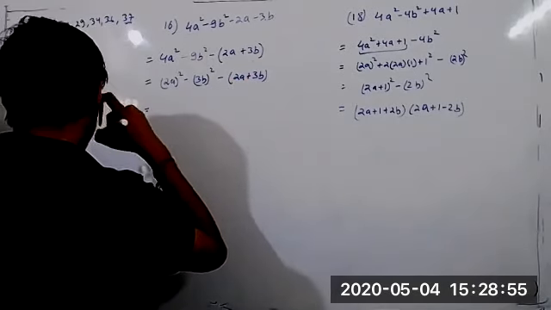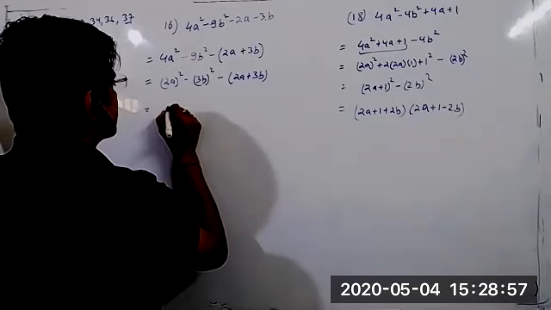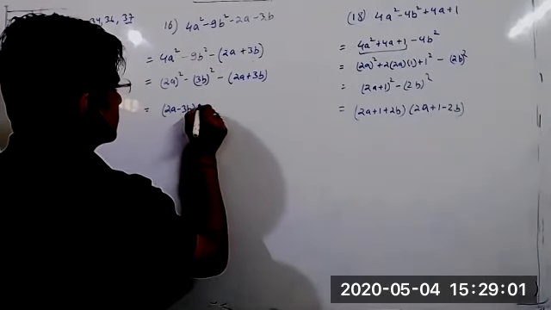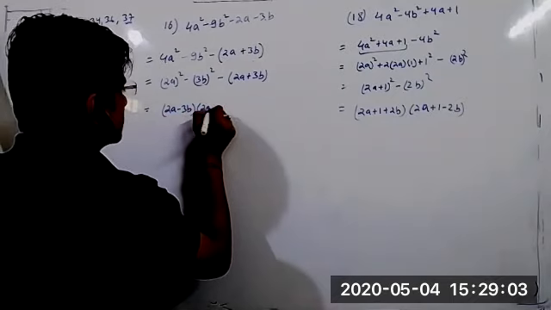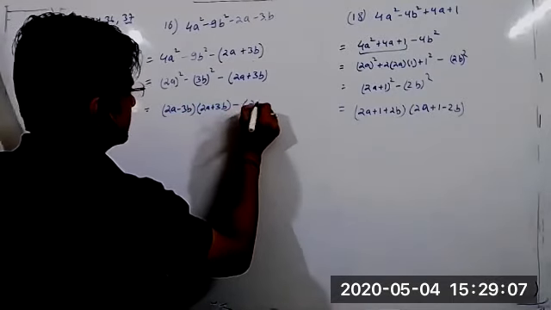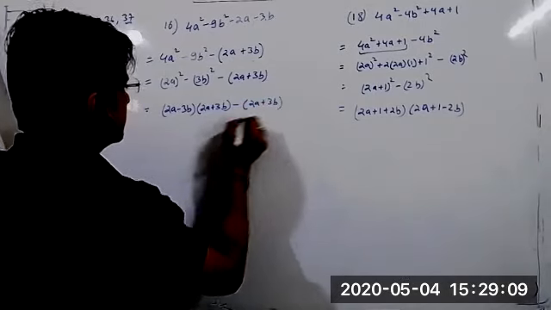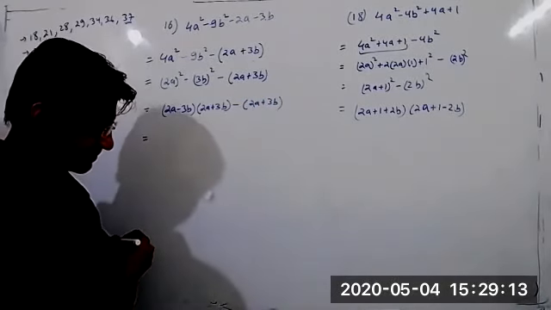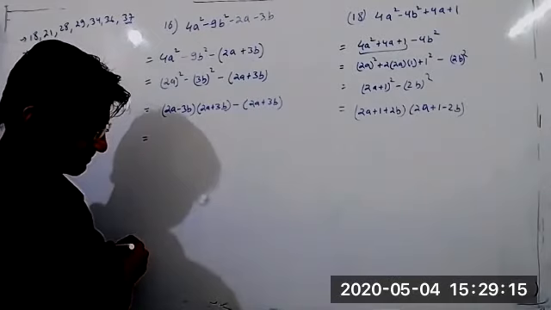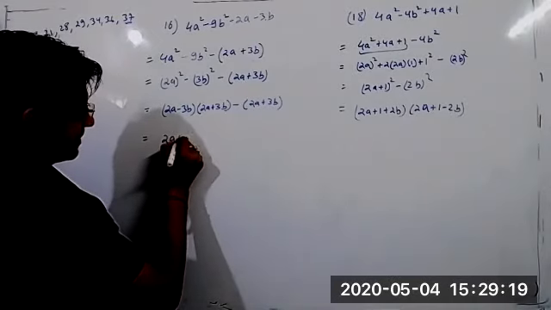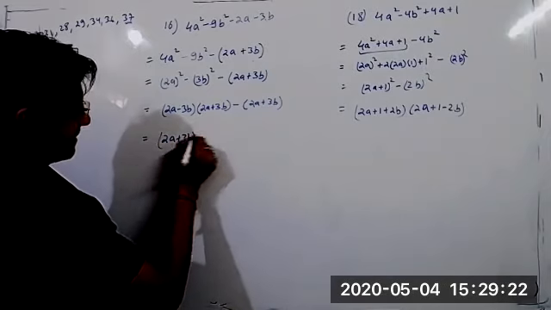Now tell me. So then we can expand 2a minus 3b in bracket 2a plus 3b, minus 2a plus 3b. Then 2a plus 3b bracket 2a minus 3b.